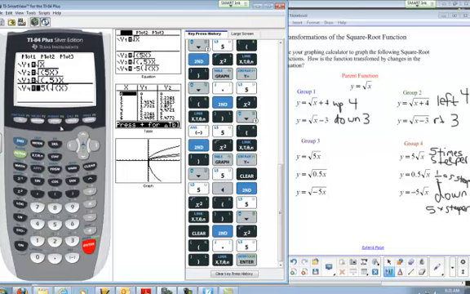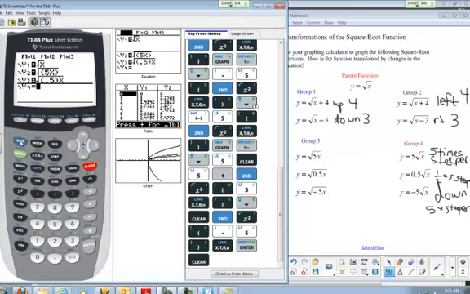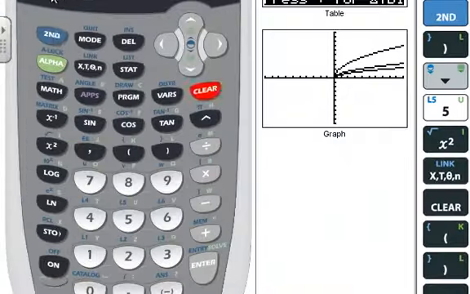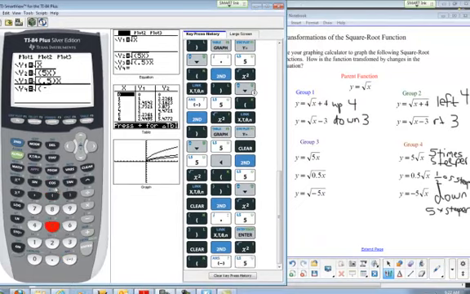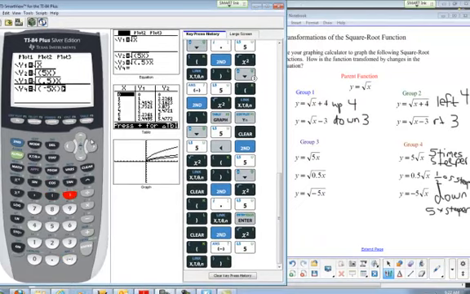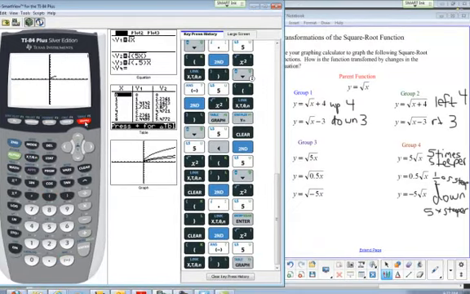And then we've got square root, and this is a negative under the square root, negative 5x. Okay, so we've got our 5x, which is a bit steeper. We've got our 0.5x, which is a bit steeper. And then we've got our negative 5x, which means that's only going to work for the negative numbers.